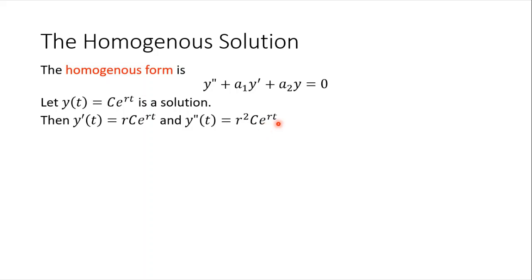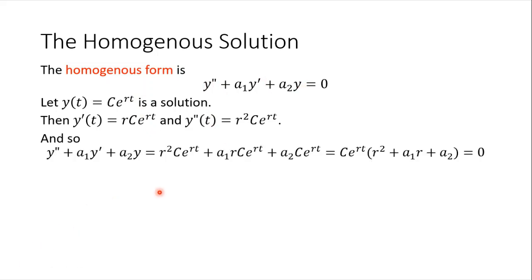Now we substitute all of this back into the homogeneous form: y double prime, which is r square C e^(rt), plus a1 times y prime, plus a2 times y. Of course, you can take out the C times e to the power of rt, and this is all equal to 0.